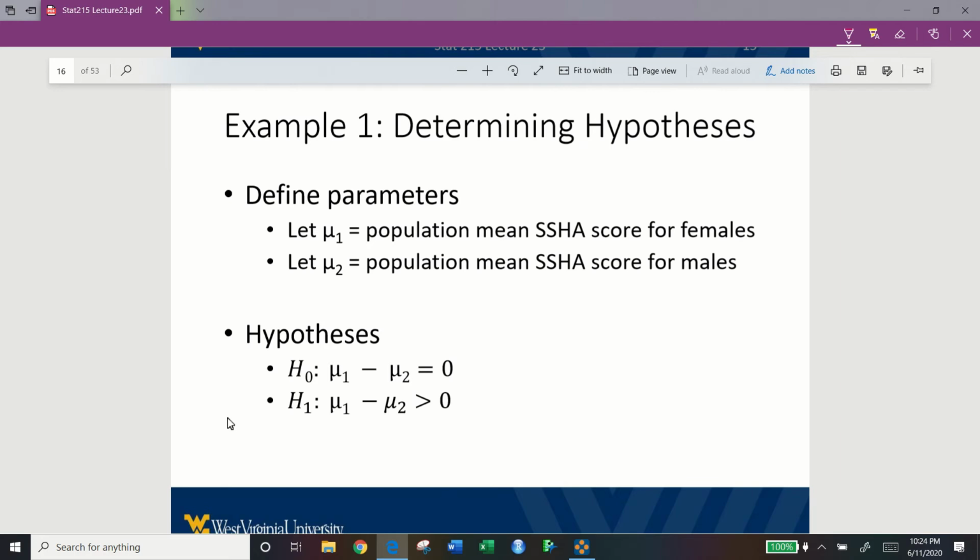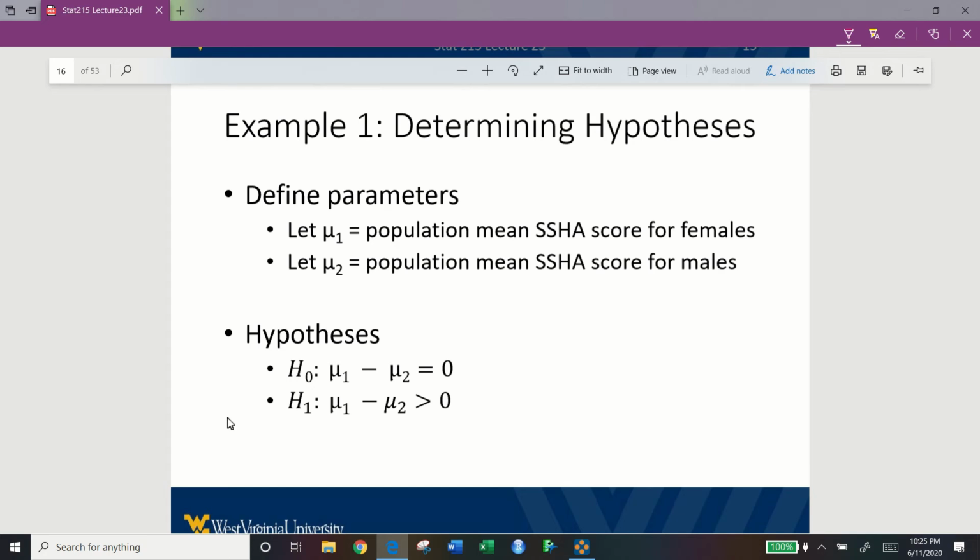We will let mu1 be the population mean SSHA score for females, and let mu2 be the population mean SSHA score for males. This means our hypotheses will be as follows. The null hypothesis will be mu1 minus mu2 equals 0. The alternative will be mu1 minus mu2 is greater than 0.